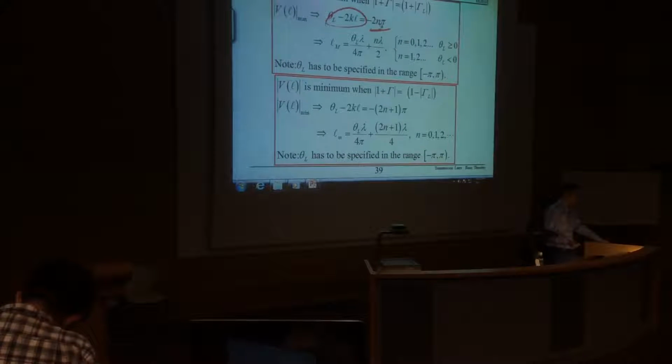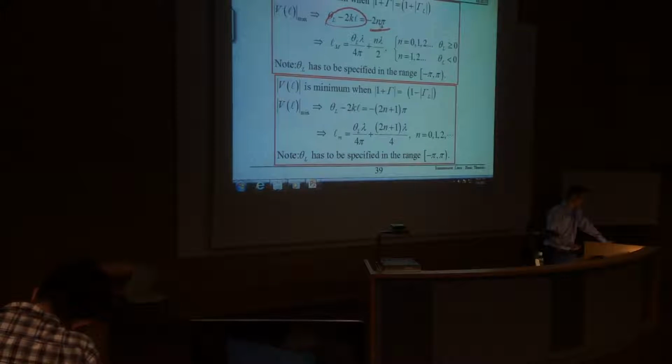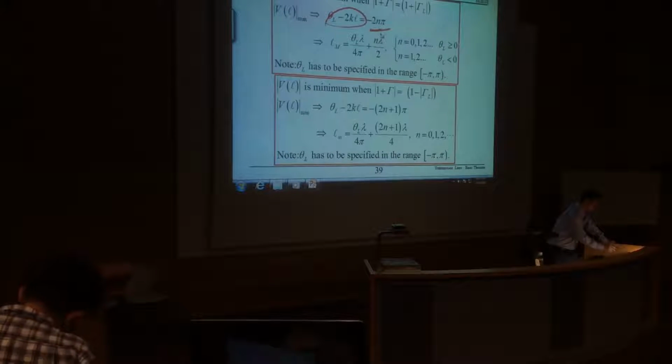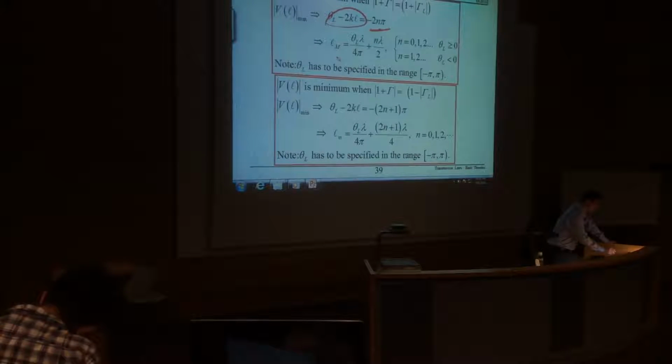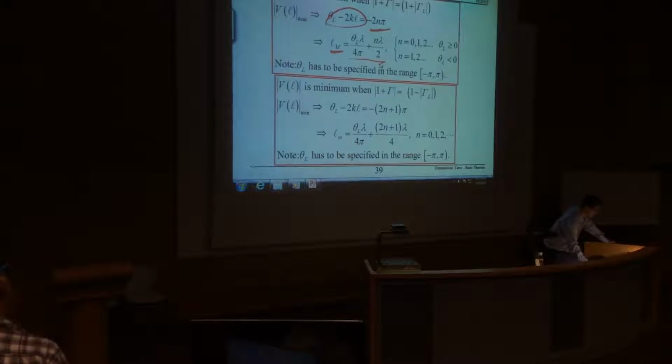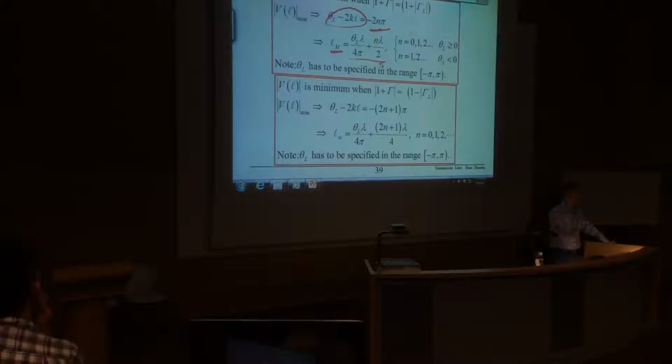Similar to those contents in the plane wave chapter, so I will not spend more time on these details. So it turns out the location will be equal to this value. This is the maximum; the minimum is a quarter wavelength away.